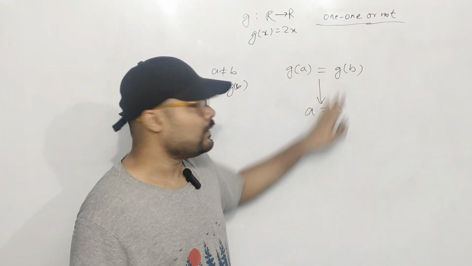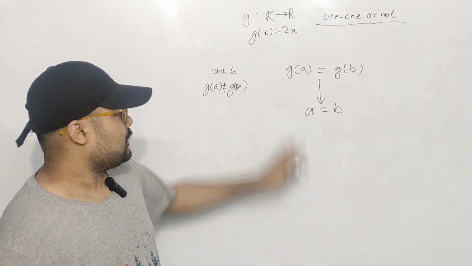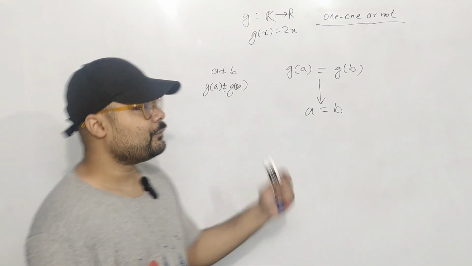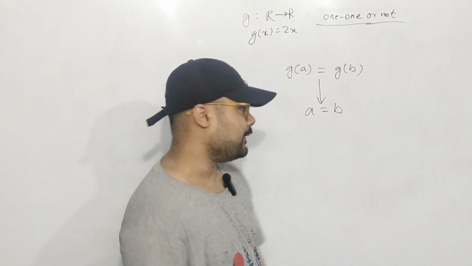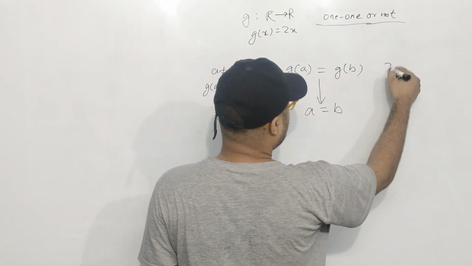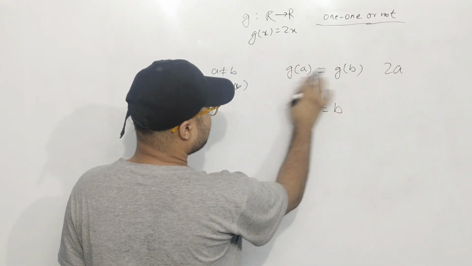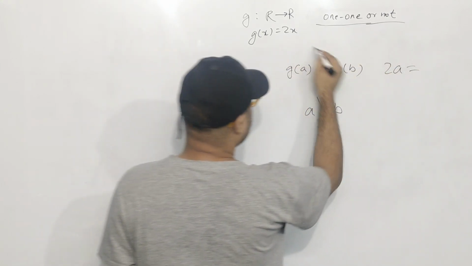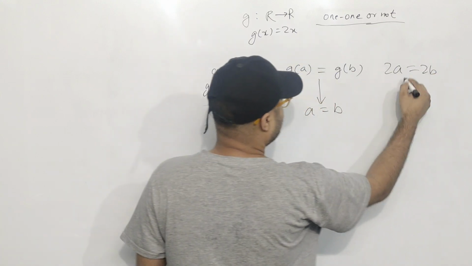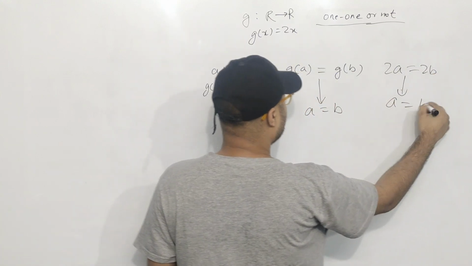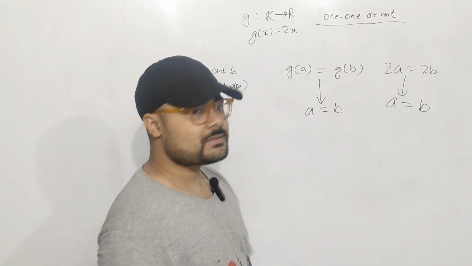Otherwise the two will never be equal. This is what will prove that this function is 1-1. So g of a is 2a and g of b is 2b. This gives a is equal to b. It means that this was 1-1.